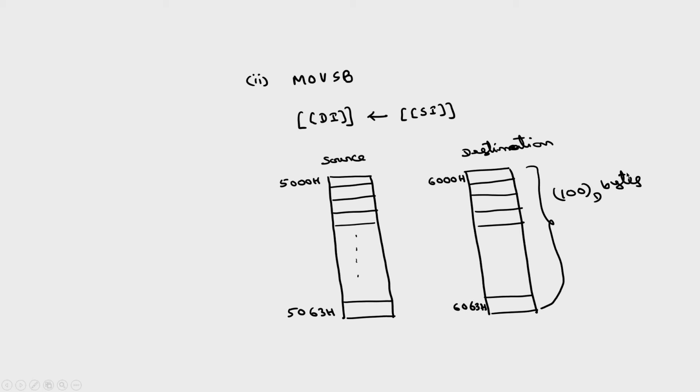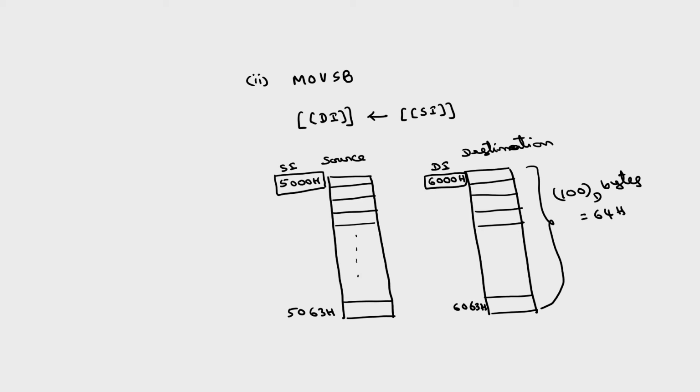Because 100 decimal is equal to 64 hexadecimal, starting from 0 to 63 is a total of 100 bytes. So you have to point the source index to the source and the destination index to the destination. By default in all the string instructions, the source is pointed to by SI and the destination address is pointed to by DI.